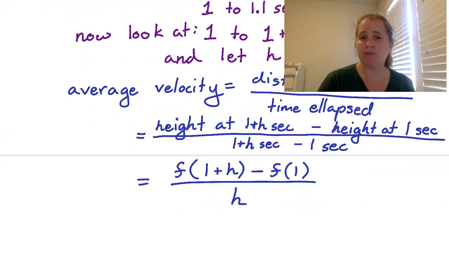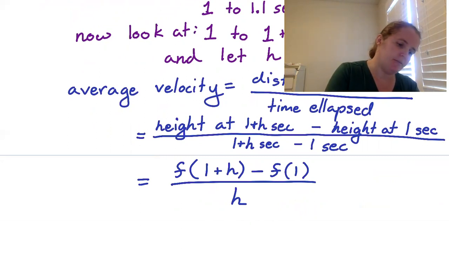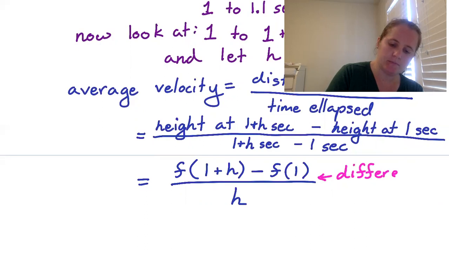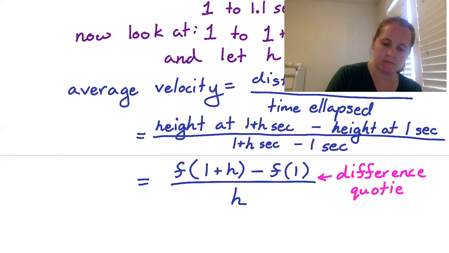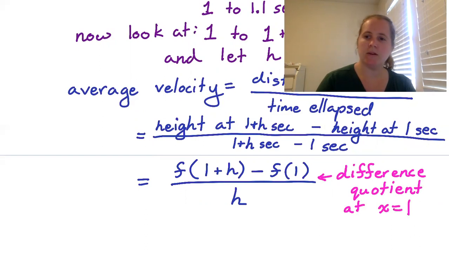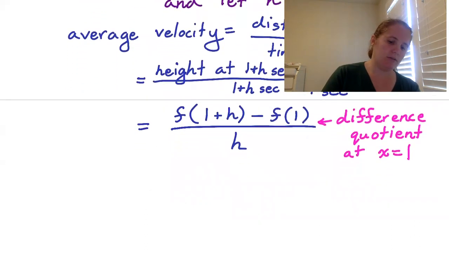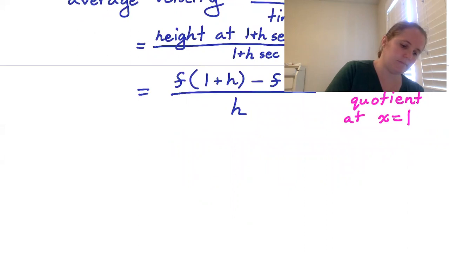Now, does this look familiar? Well, this is the difference quotient at x equals 1. So if we simplify this, let's do a little color coding.